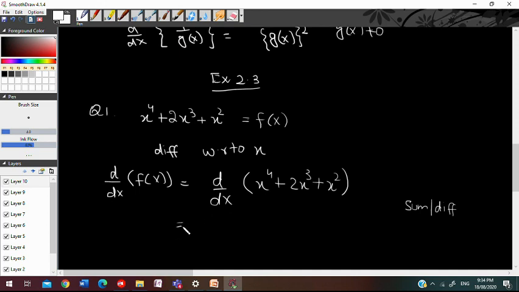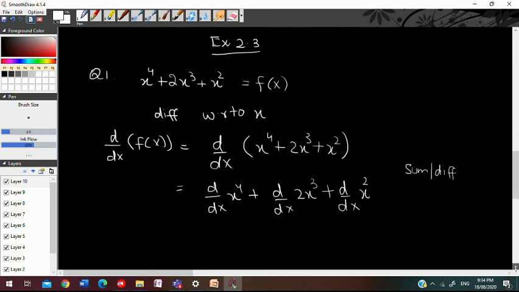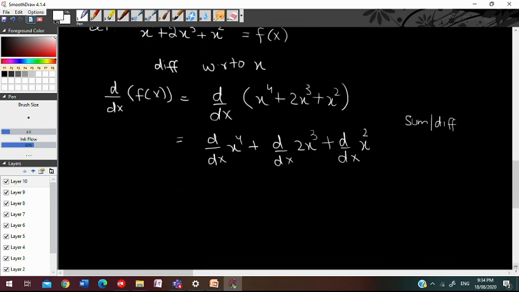How? I will apply this derivative to all terms. Then d by dx of 2x cube plus d by dx of x square. So here I have applied this sum or difference rule. Okay, now what will be the next step? The next step is this.